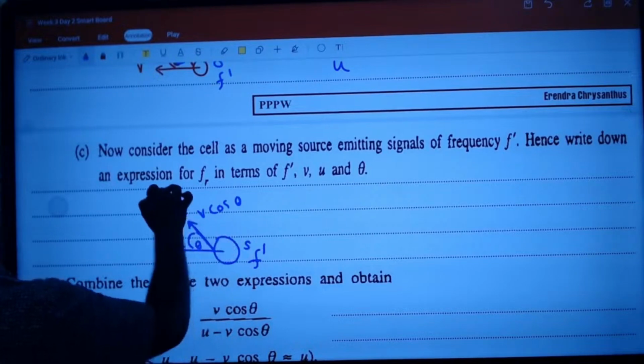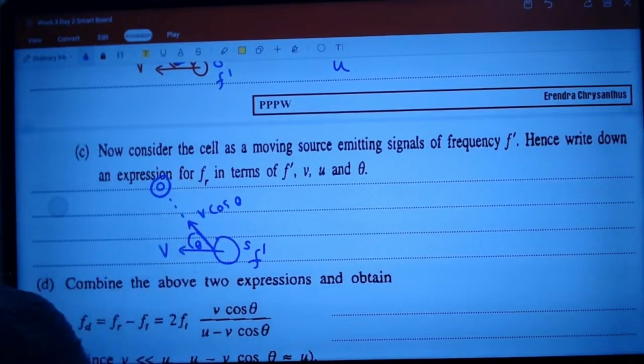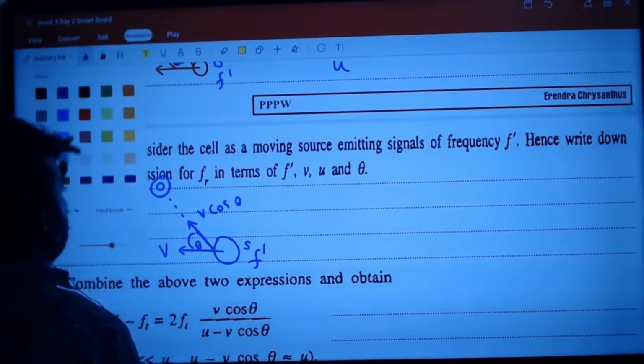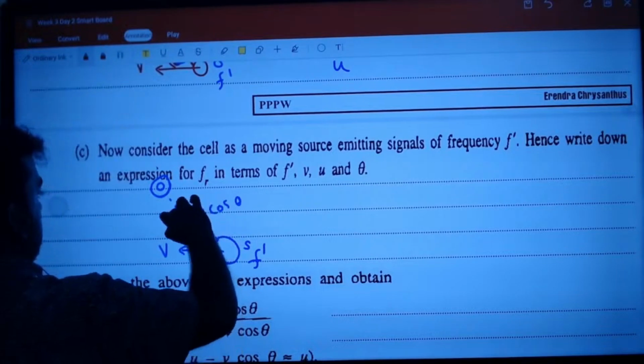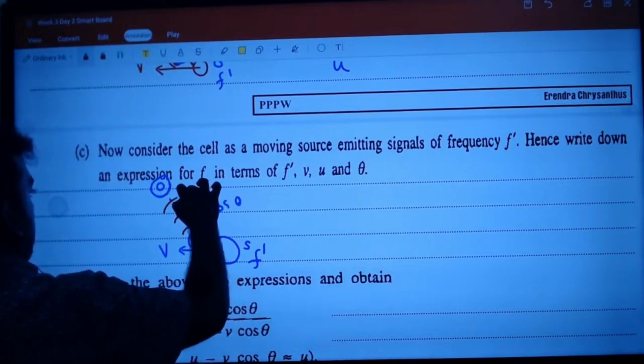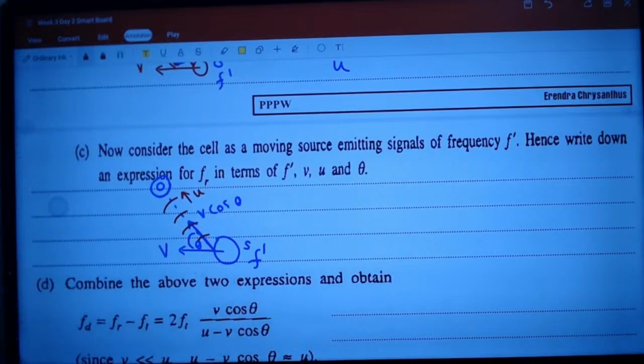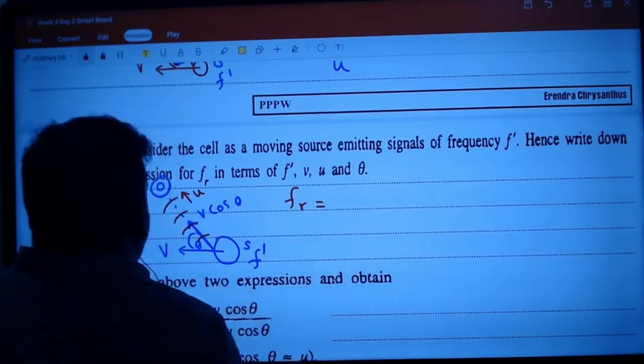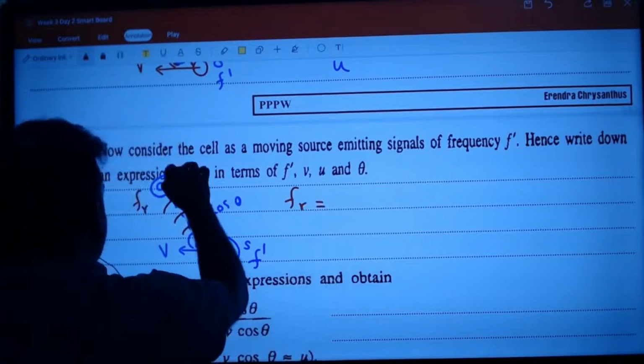Now this is the source, this is the observer. Sound is going to travel from the source in that direction at the ultrasound speed. What is the frequency received? Velocity of sound with respect to the observer; the observer is anyway at rest.